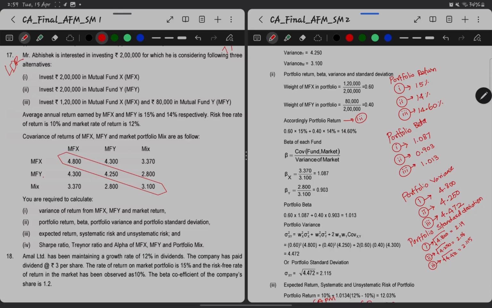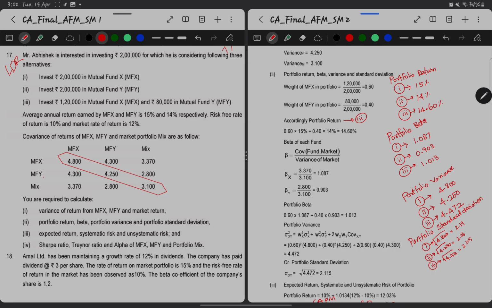Considering this, first they are asking portfolio return. If we are investing only in mutual fund X, then the portfolio return will be 15%. If we are investing only in Y, as the second alternative, the portfolio will be an investment of 2 lakhs in mutual fund Y, which gives a return of 14%.